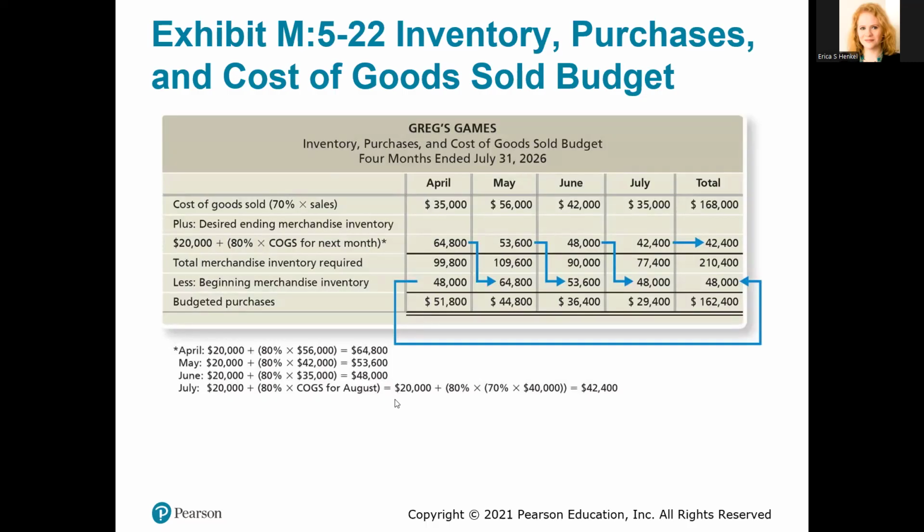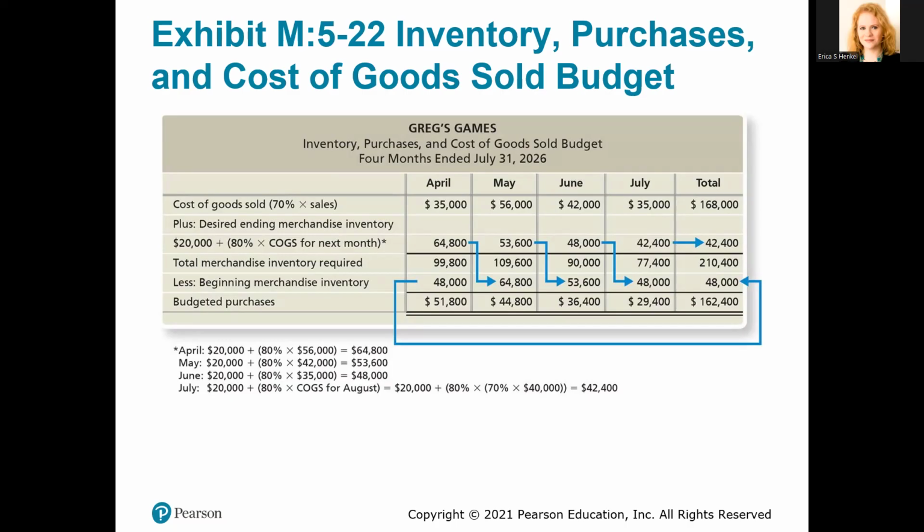Jumping back to a previous budget we looked at. For inventory purchases and cost of goods sold, in this example, cost of goods sold is going to be 70% of your sales because they know typically how they price out their goods. This is being done in preparation for putting together a budgeted income statement for a period.